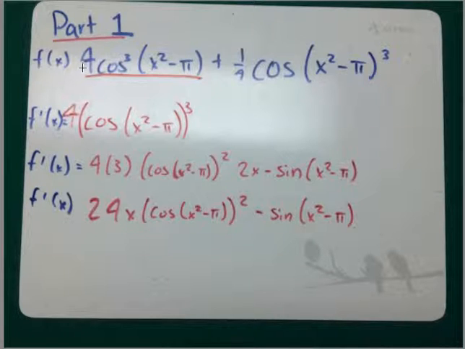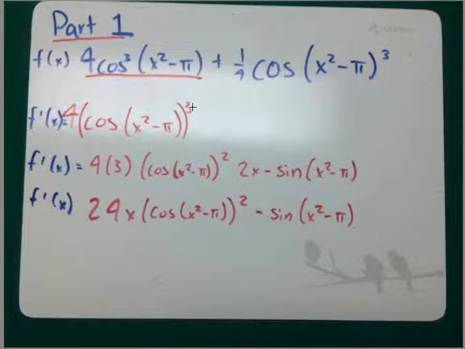Pay close attention to this cubed. It's after the cosine. This means that it affects everything from the cosine all the way to the parentheses. All of this is cubed. So we write the cube here, and we use the chain rule.